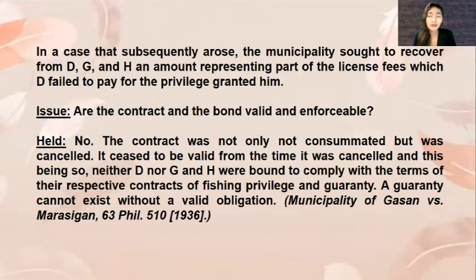It ceased to be valid from the time it was cancelled, and this being so, neither D nor J and H were bound to comply with the terms of their respective contracts of fishing privilege and guarantee. So a guarantee cannot exist without a valid obligation. This is the case of Municipality of Quezon versus Marasigan, 63 Philippines 510.